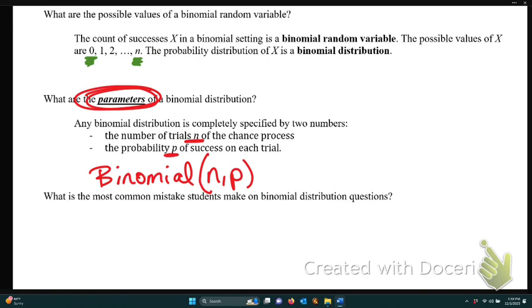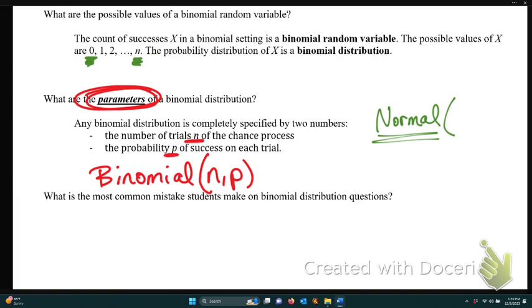Side note, I'm curious. Do you guys know what the parameters are that define the normal distribution? What are the parameters that define any particular normal distribution? A normal goes from negative infinity to positive infinity, but what defines a single normal distribution?